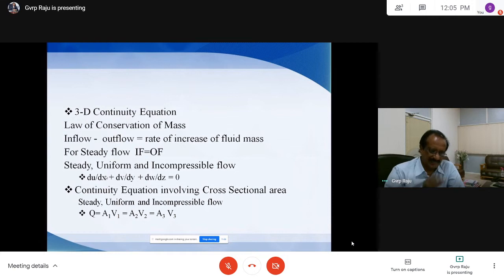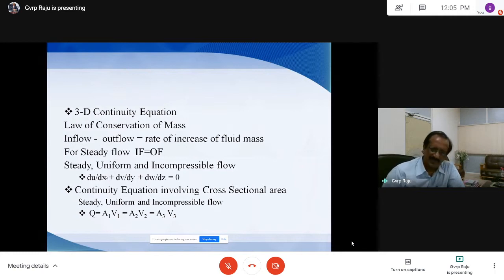Inflow minus outflow is equal to the rate of increase of fluid mass.